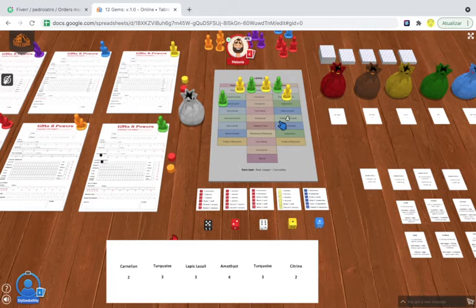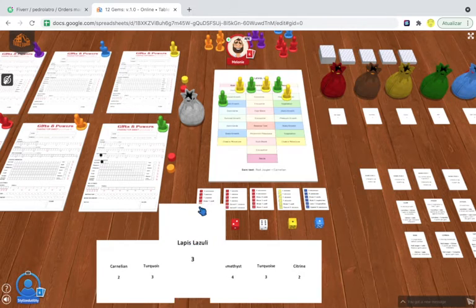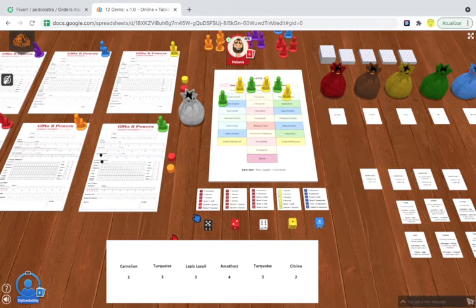Okay, so now it's my turn. Let me keep going. So cancel one success plus one plus two. So I have two successes total.